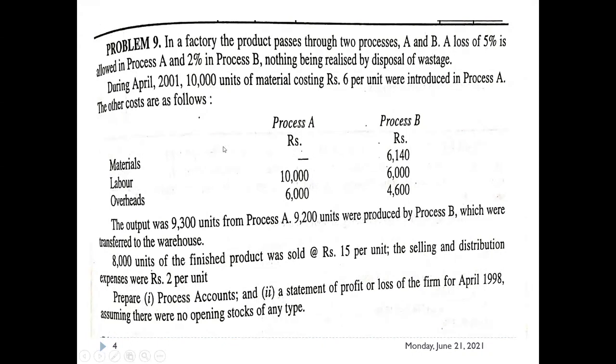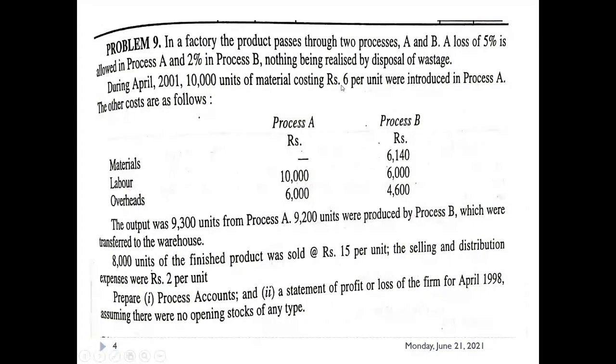During April, 10,000 units of material costing ₹6 per unit were introduced in process A. So that comes under process A account, debit side, units introduced, 10,000 into 6.